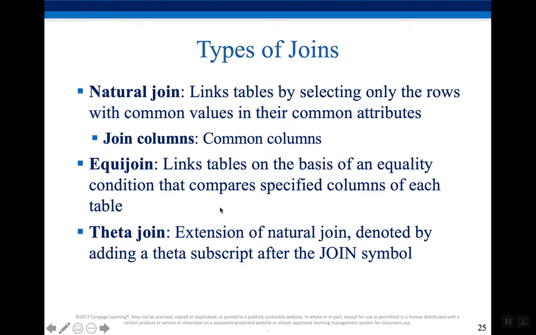An equijoin links the tables on the basis of conditions that compare specified columns of each table. So you can do multiple fields. You get this and this and this and this. A theta join is an extension of natural join, denoted by a theta subscript after the join symbol. Basically, it's how you can link two tables together.